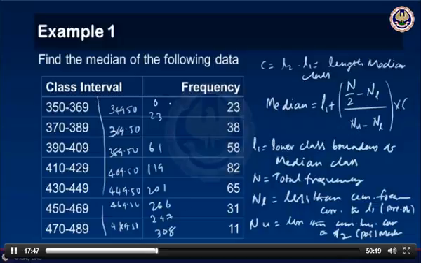We have computed all these values in the cumulative frequency table, computed in the second slide.